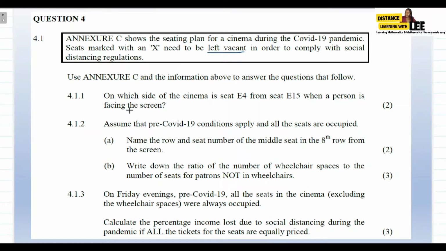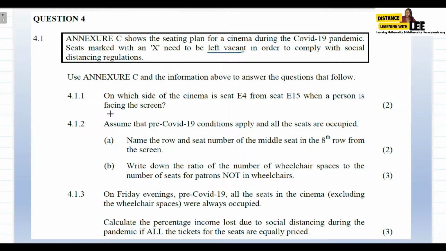We had to maintain a certain distance from people in order to prevent this virus from spreading from one person to another. That is basically what was going on, and the seating plan for a cinema was taken from that time. It says to use Annexure C and the information above to answer the questions that follow.